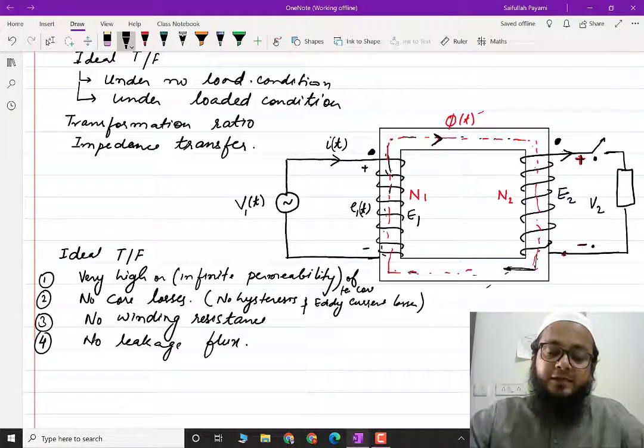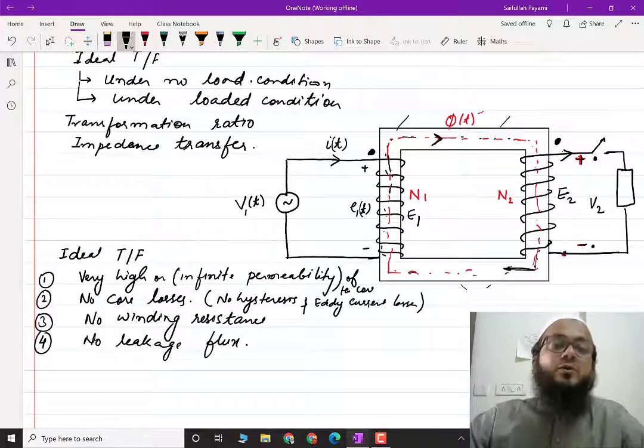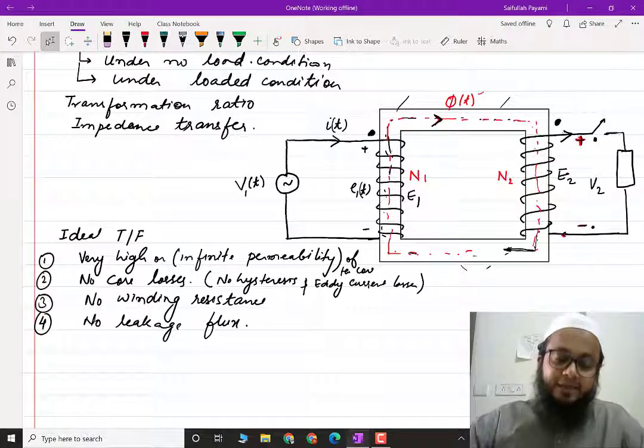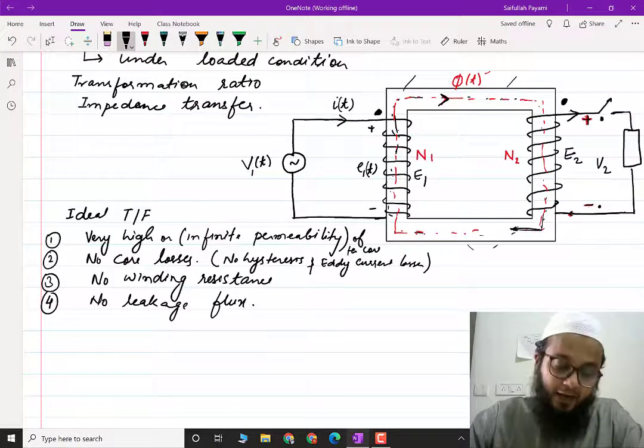No flux is escaping out of the core, and the entire flux stays within the core. So there is no leakage flux. Now with these conditions, I'm dealing with the no load condition.